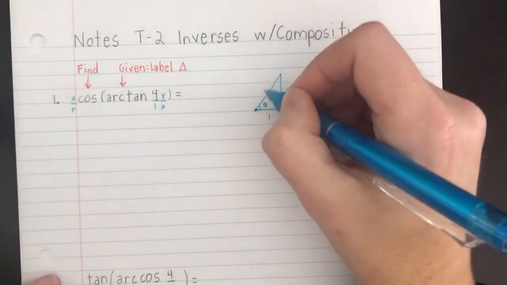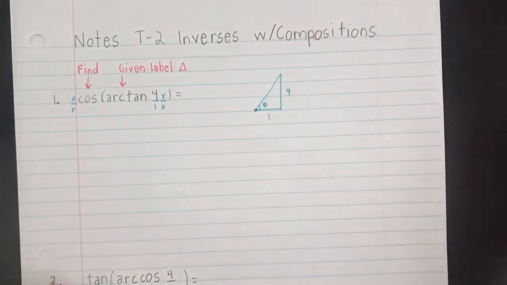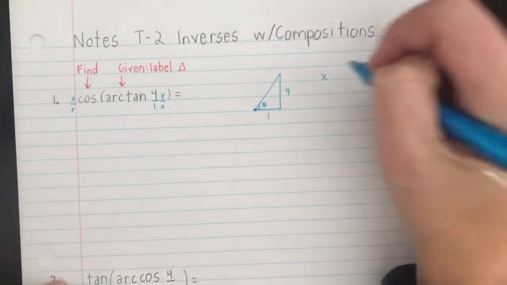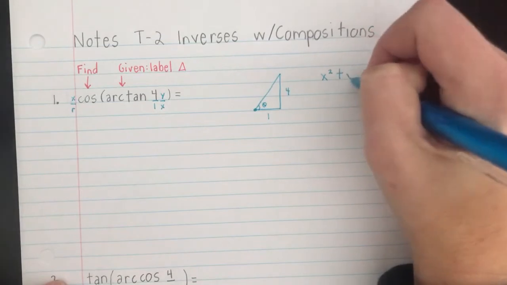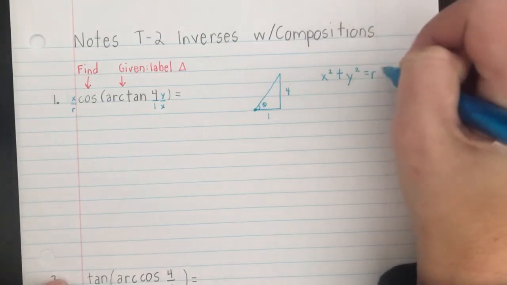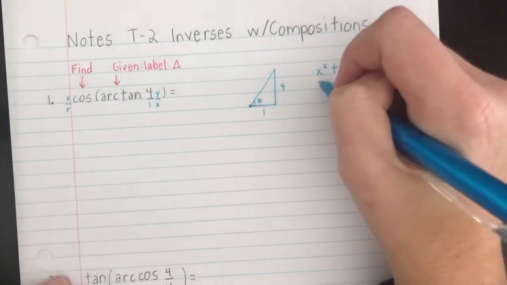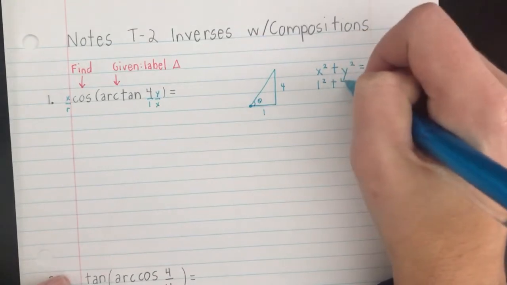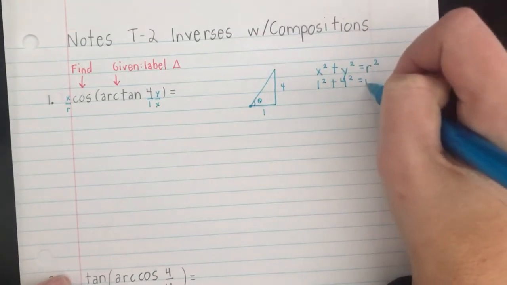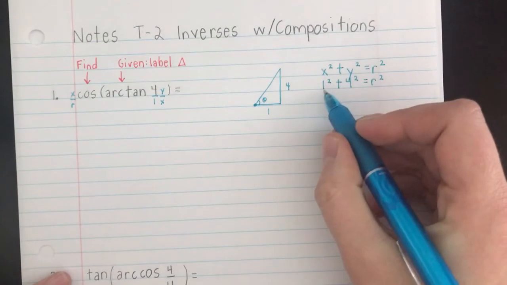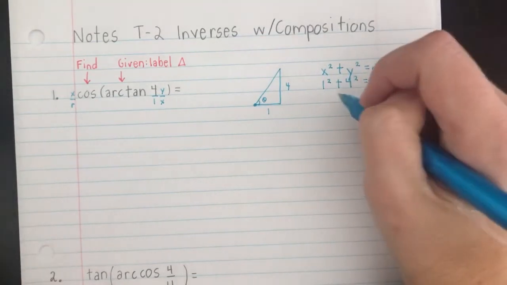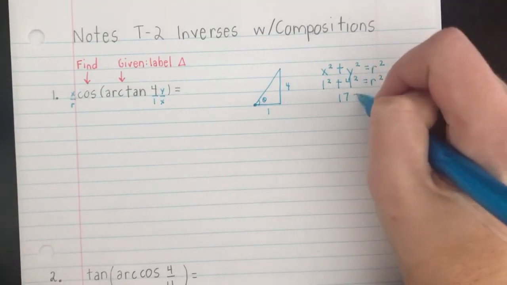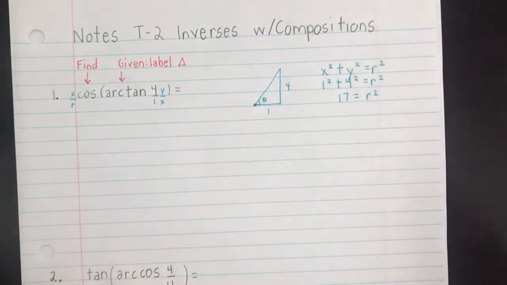Okay, now I don't know r. So again, we're going to use that right triangle trig. So x squared plus y squared equals r squared. So that would be 1 squared plus 4 squared equals r squared. 1 squared is 1, 4 squared is 16, so 1 plus 16 is 17, so 17 equals r squared.